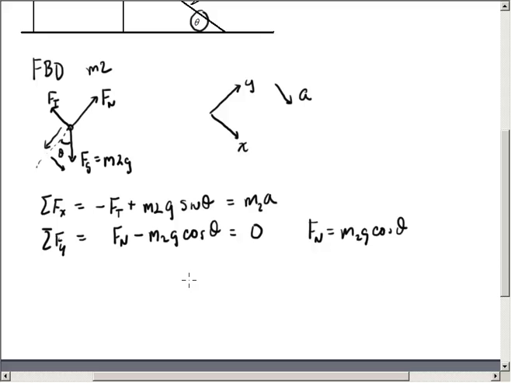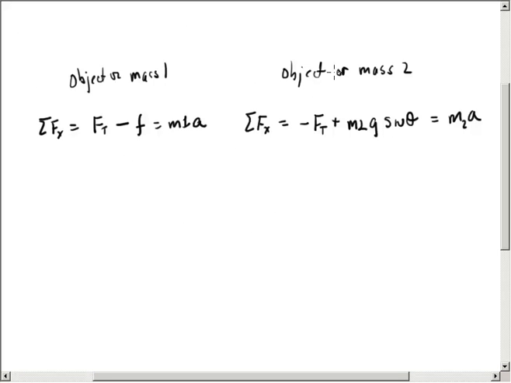So let's write down the previous equations that we had on a new board. Okay, we've written down our equations relating the acceleration of object 1 and the acceleration of object 2.